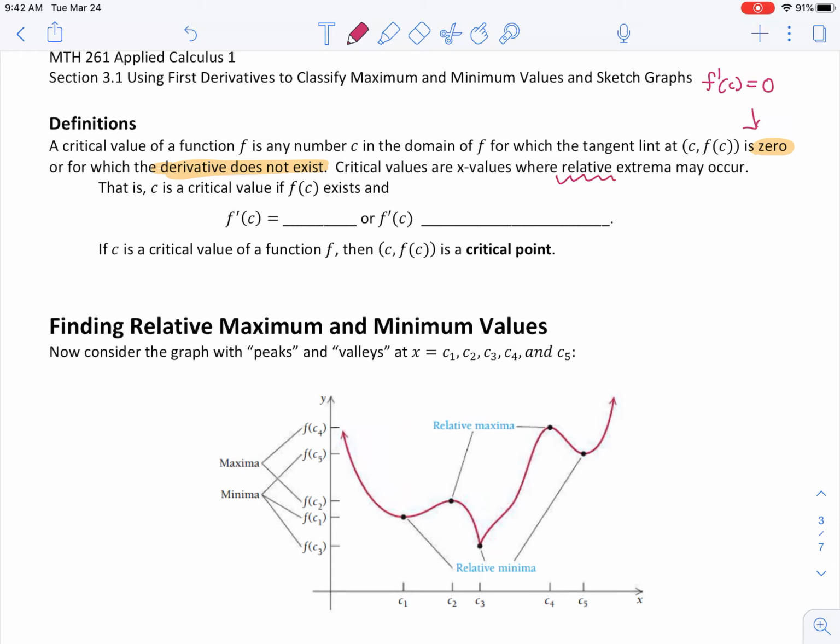The critical values are x values where relative extrema may occur. If you look at a point where you have a vertical tangent, that's not a point where the relative maximum or relative minimum may occur. So really, C is a critical value if the derivative at C is 0 or the derivative does not exist.